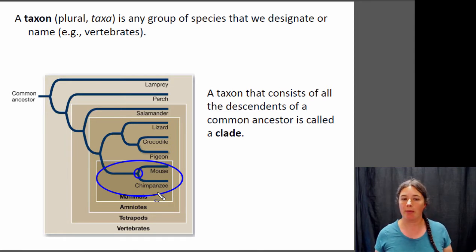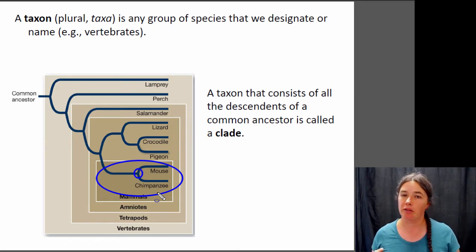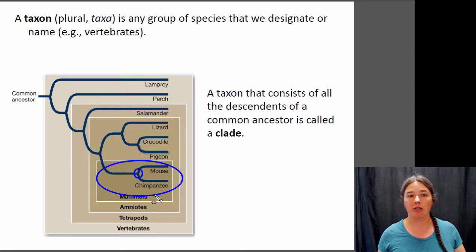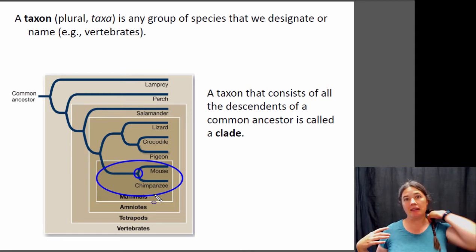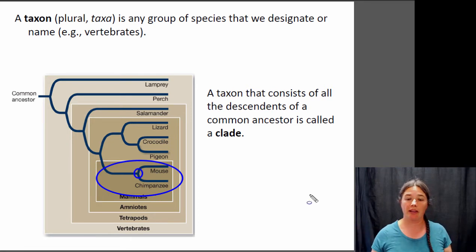Now, of course, there are more mammals than are shown in this tree, but just for the sake of simplicity, we're only showing two mammals here. Other clades would be the amniotes, or the organisms that have eggs with amniotic fluid, tetrapods, organisms that have four legs, vertebrates, organisms that have vertebrae, things like that. So we don't create the clades, we create the taxa, and the taxa hopefully reflect actual clades.